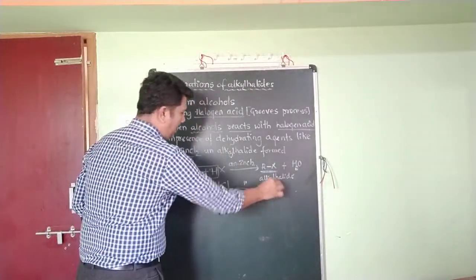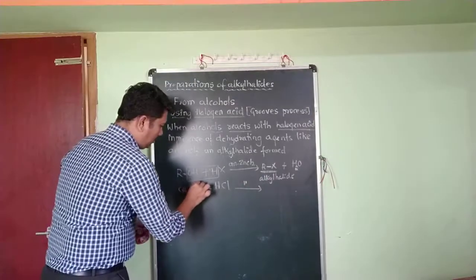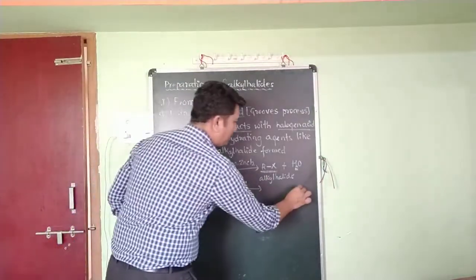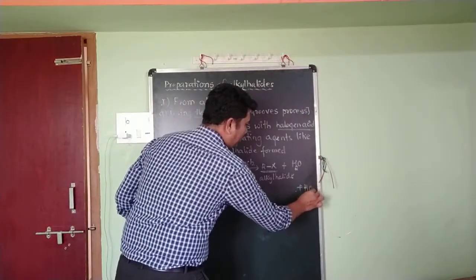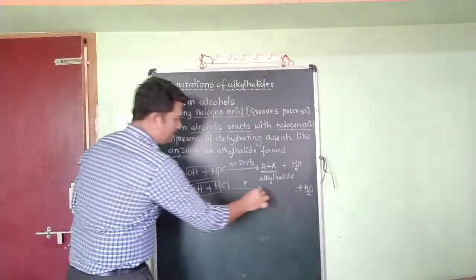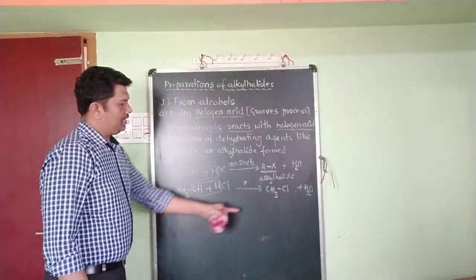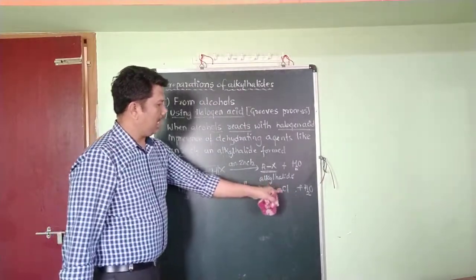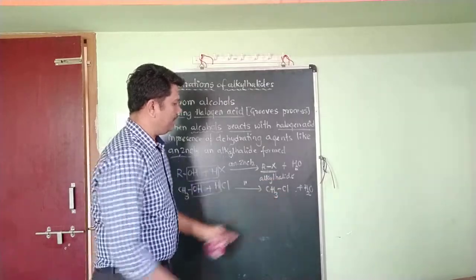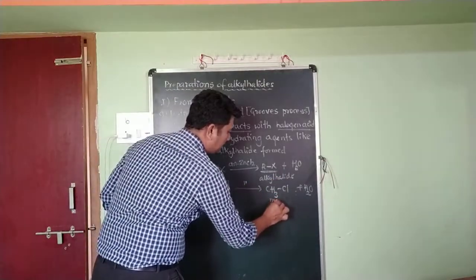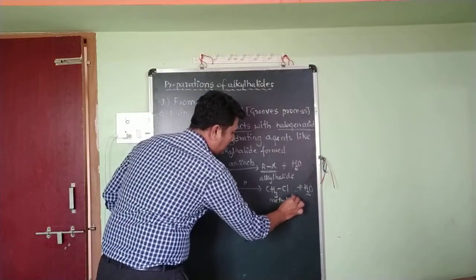OH from alcohol and H from halogen acid combine to form water, and the remaining part is CH3Cl. CH3 is the alkyl and Cl is the halide, and the name of the alkyl halide is methyl chloride.